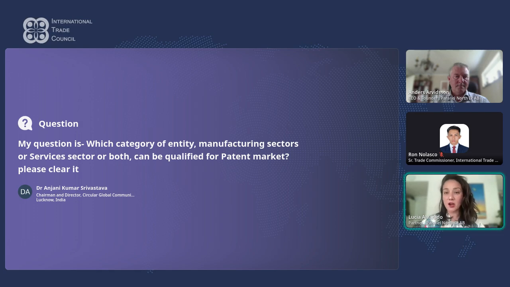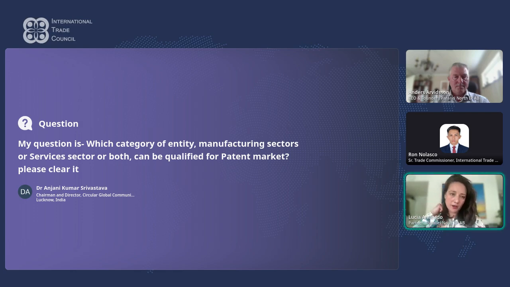You have patents that also cover methods to do a product, and sometimes a method to perform a service. So it can be both. It doesn't necessarily need to be for one category. It can be a mix. And sometimes the actual technology is a product, yet the patent is not for the product but for the method or the process on how to do it. So it is not limited to any of it.